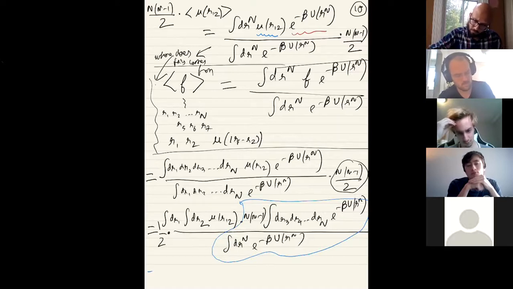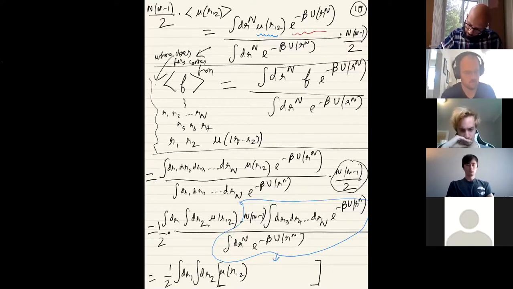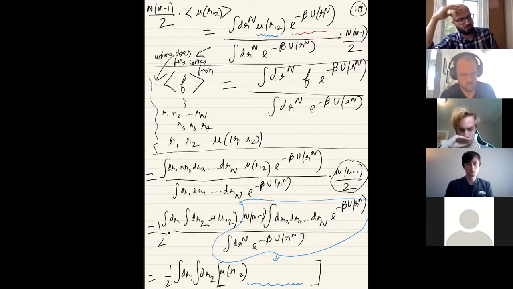So what we have over here is half, dr1, dr2, integral of u r12, and this integral is calculated over u r12 multiplied by something else. Does anyone see what this something else is? Where have we seen it before?